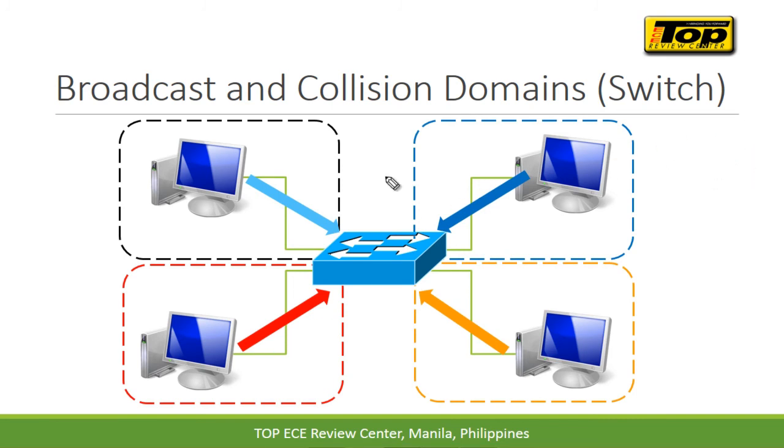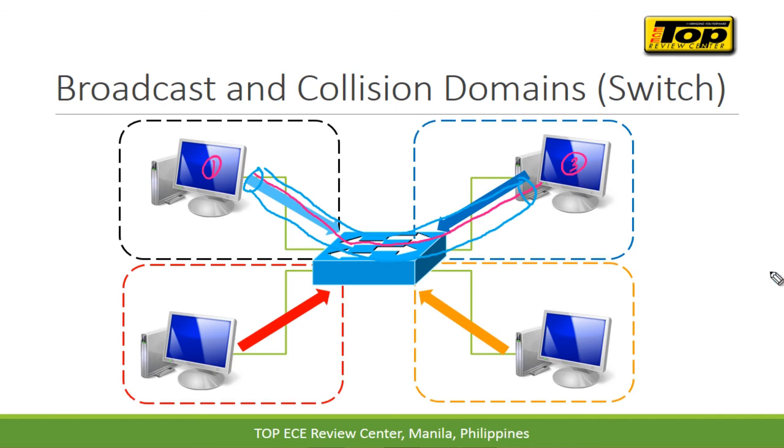Tama? So ito, parang pag nagtatransmit siya, for example, gusto niya mag-transmit dito sa device na to. Let us say this is again PC1 and this is PC3. Kung gusto niya mag-transmit diyan, para siyang nagke-create ng tunnel between these two devices. At itong tunnel na 'to, wala itong kabanggaan. Why? Kasi sarili niyang collision domain yan. Okay?